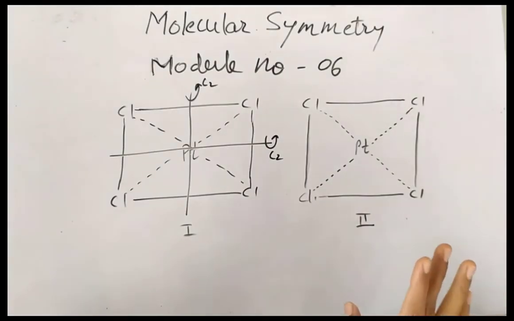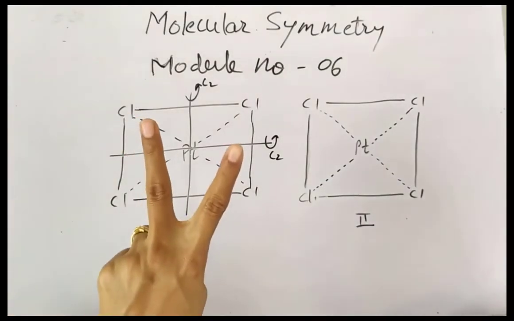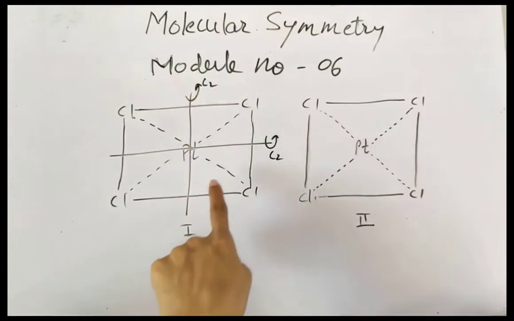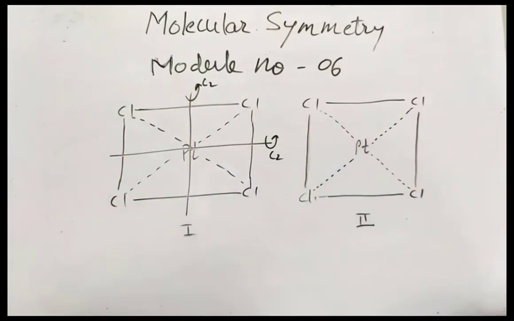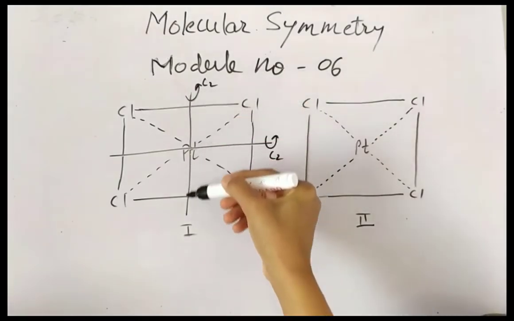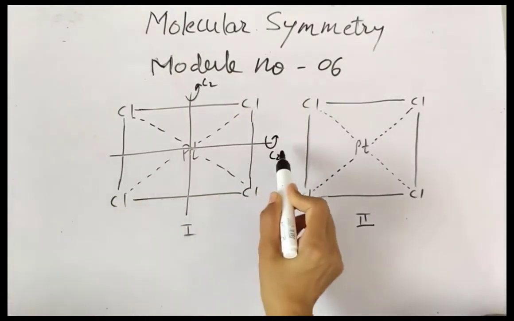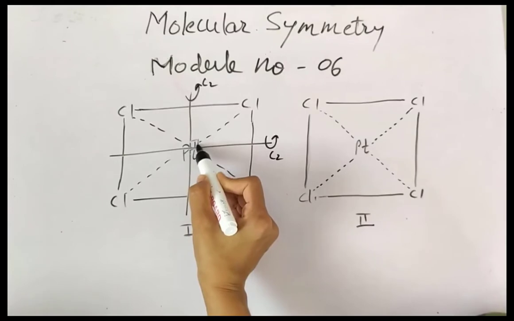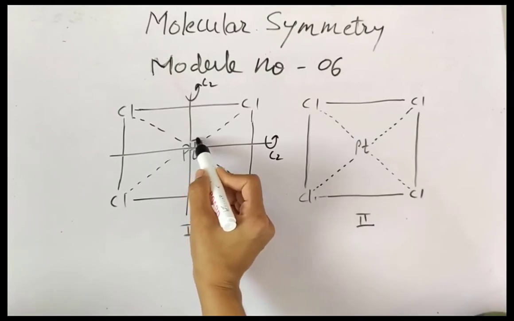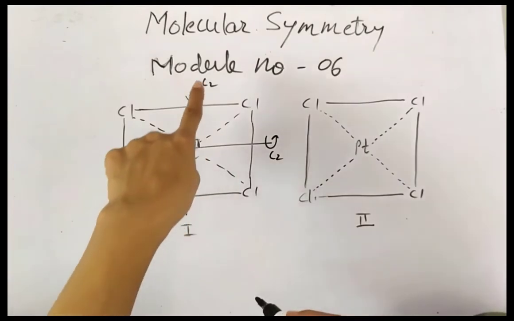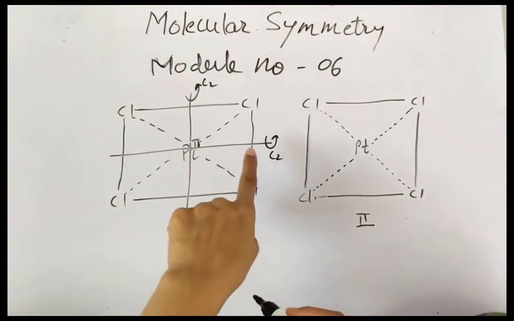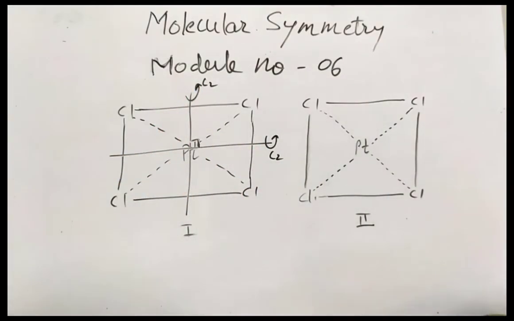But right now, I have drawn only two C2 axes which are perpendicular to each other. Alright, this is the first C2 axis, this is the second, and there is an angle of 90 degrees. Which angle is becoming here? Right angle. So, it is 90 degrees, means perpendicular to each other.